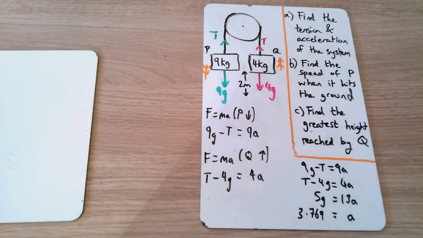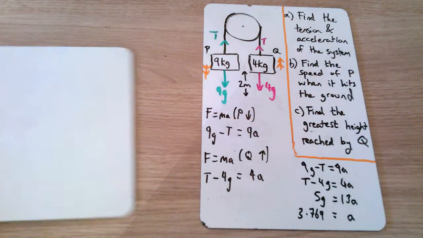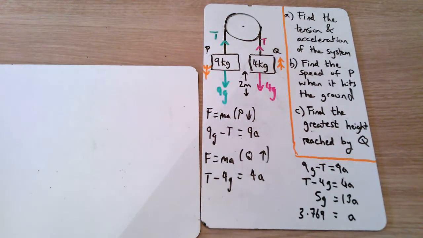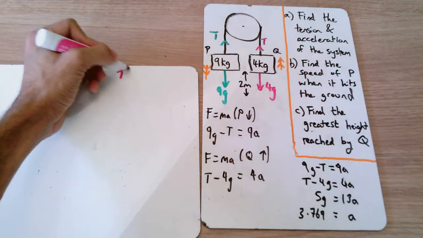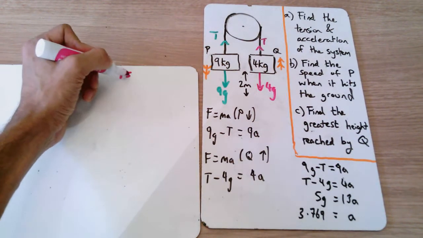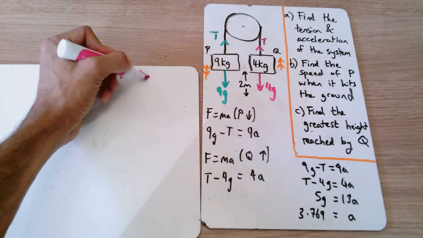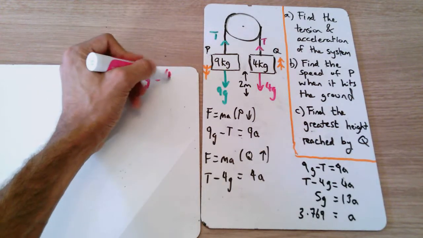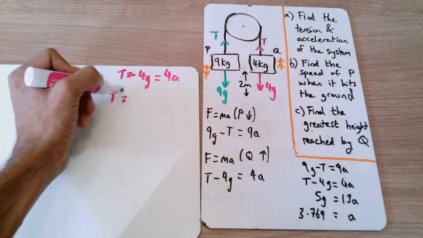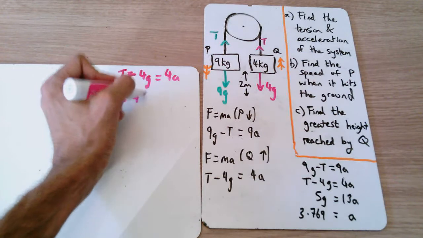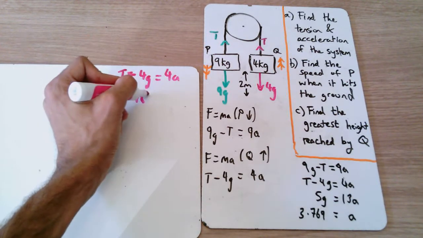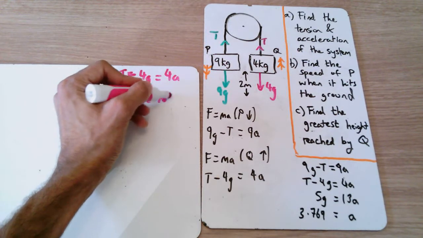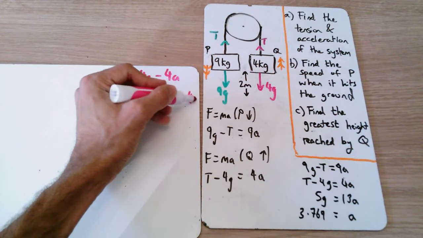Substitute our value of A back in. So T minus 4G is equal to 4A. So T is equal to 4 times by 3.769 plus 4G.